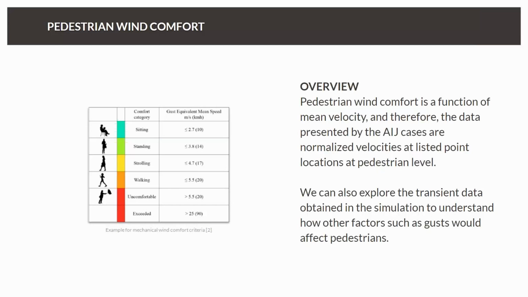Since the Lattice-Boltzmann solver is a transient solver, we can also explore the transient data, and that could give us a clue as to how turbulent a certain area is, what gusts we would get due to the mean velocities in the profile. But we'll explain a bit more of that later on.